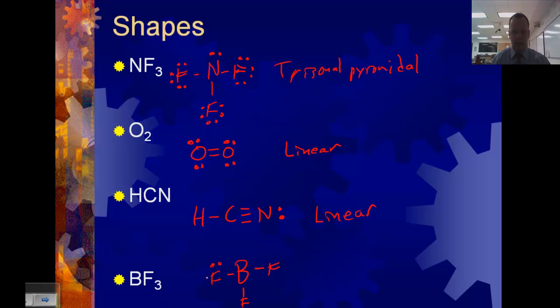There's only 3 electrons on boron, so the structure that it forms is this. This is an exception to the octet rule, but this is the structure that we get. This would be trigonal planar. 3 things bonded to the central atom, no lone pairs.